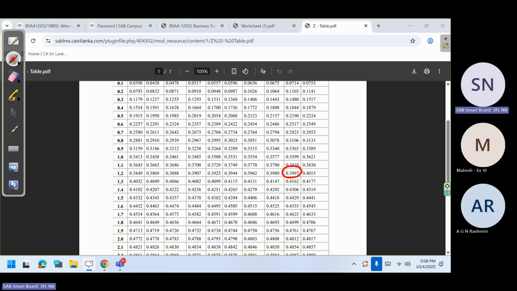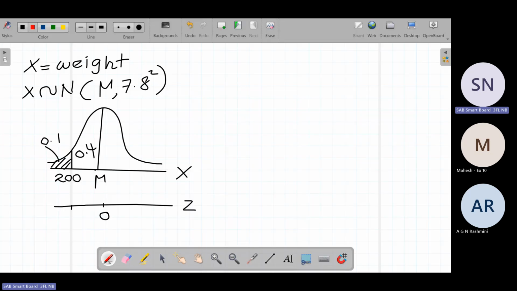Then what is the Z value? 1.28. Understood? Then here you can write down that the Z value of 200 is 1.28. This side is negative, so you put a minus sign.